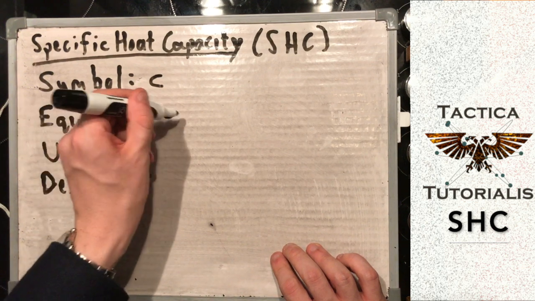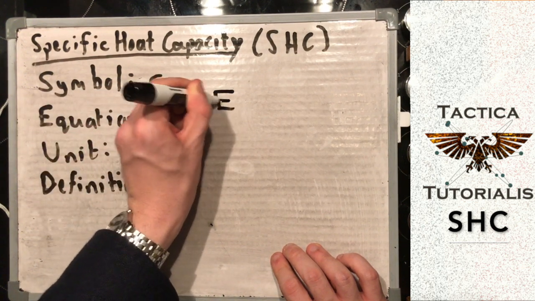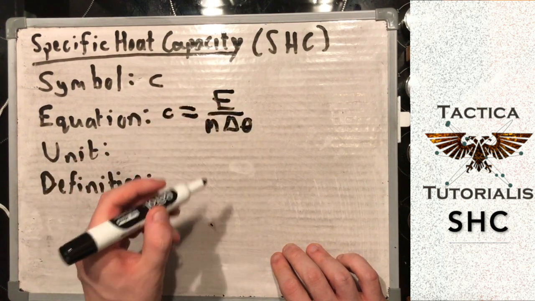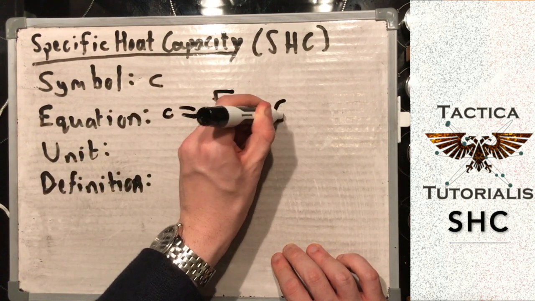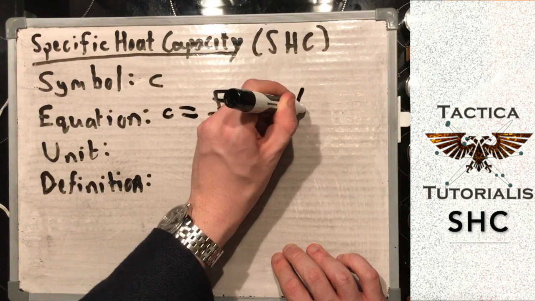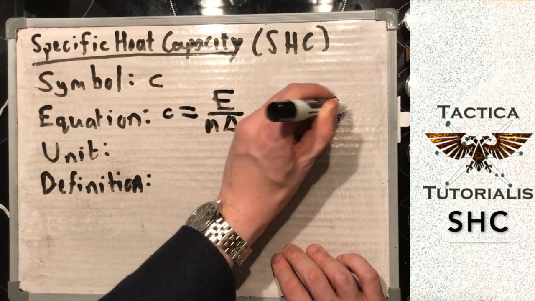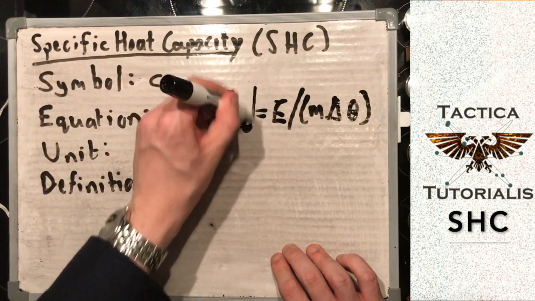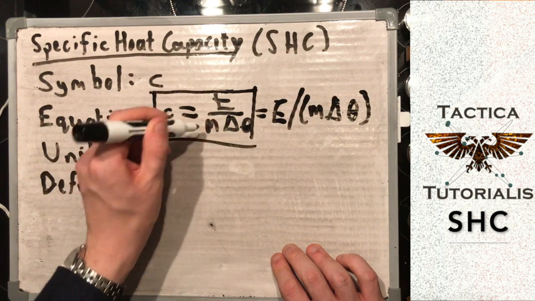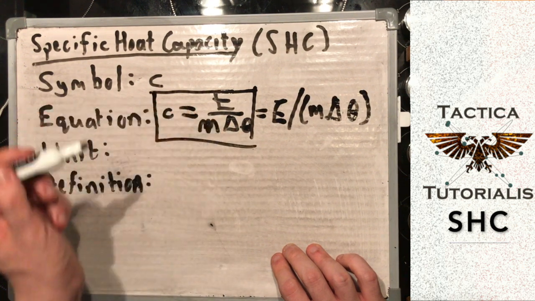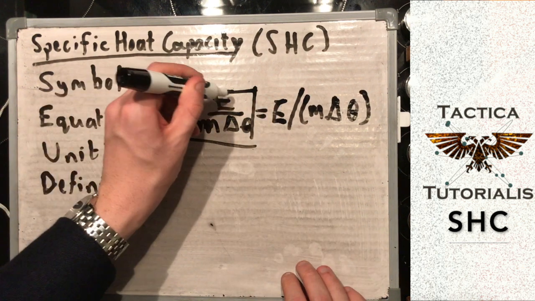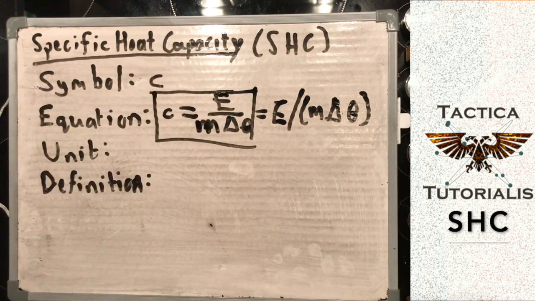You all have done it for yourselves. c is equal to E over m delta theta, or you might prefer E over bracket m delta theta. They do mean the same thing. Personally, I prefer this look because of the neatness of it. I think it's neater, but that is also fine.